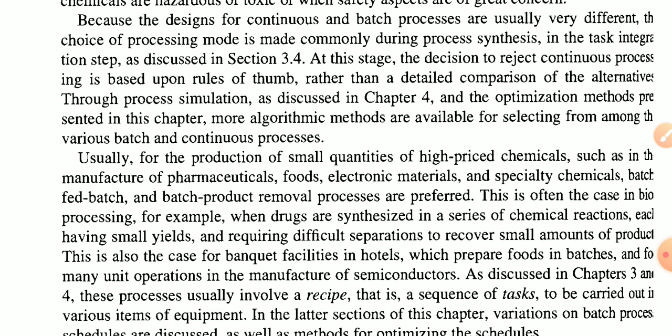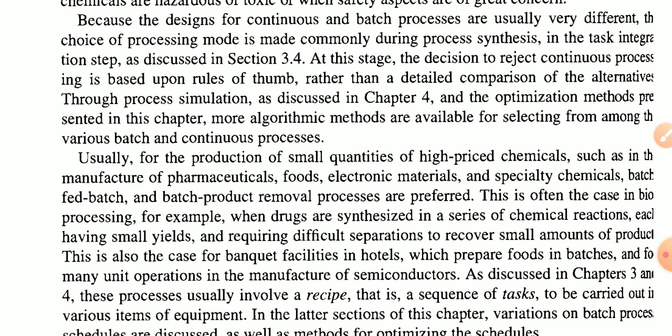For example, for small production quantities of high-priced chemicals, such as in manufacturing, pharmaceutical processes, food, electronic materials, and especially specialty chemicals, fed-batch and batch product removal processes are preferred. This is often the case in bioprocessing.